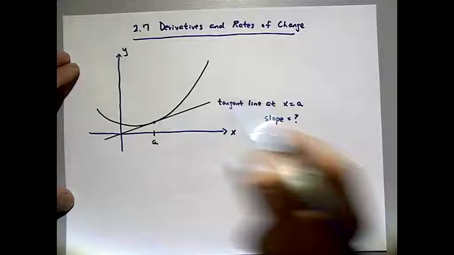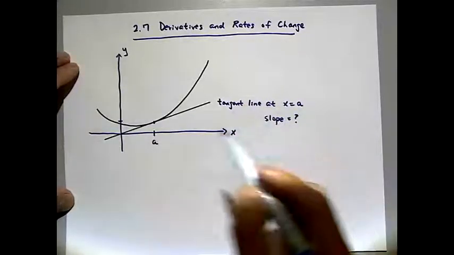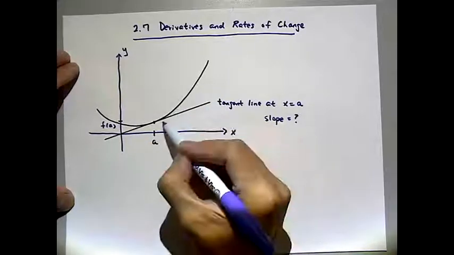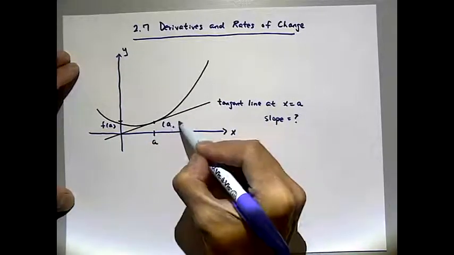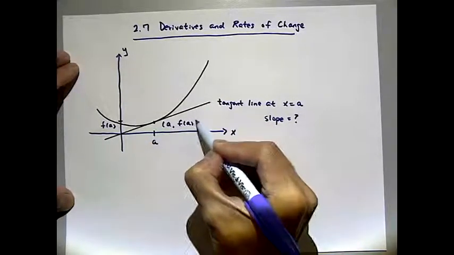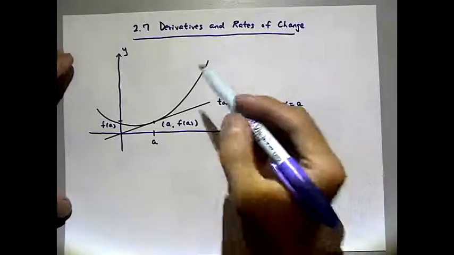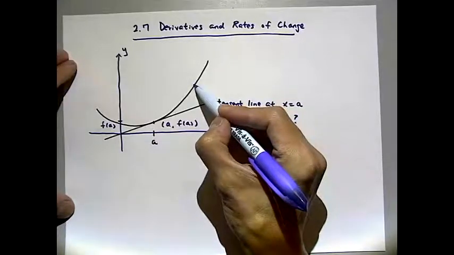Now if x is equal to a, then the y value is obviously f of a, right? So that's the point (a, f(a)). All right, so we can't find the slope right now. But remember, we use the secant line to approximate that. So let's pick another point.